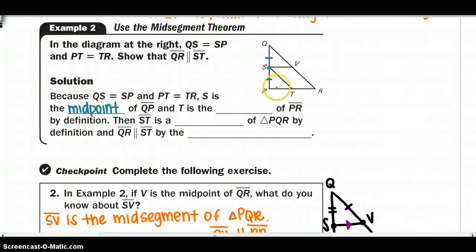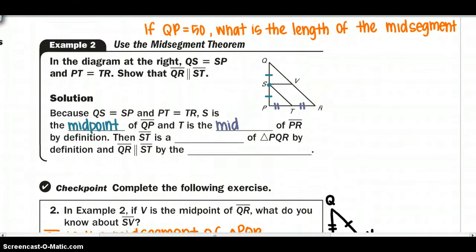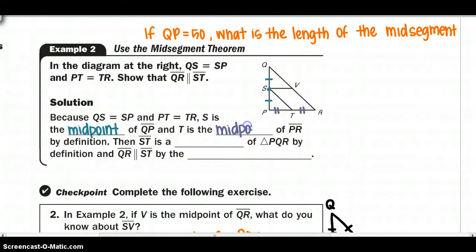We also know that PT is equal to TR. So from this information, we know that T is the midpoint. So if we connect the two midpoints, we now know that ST is the mid-segment from what we learned.